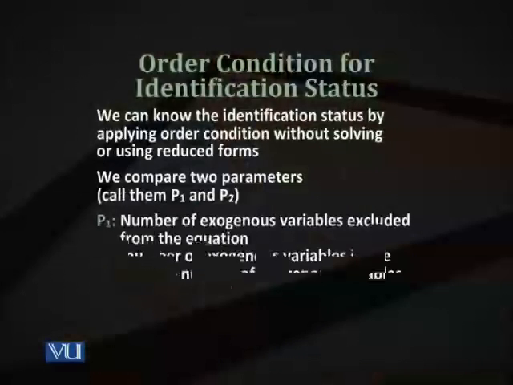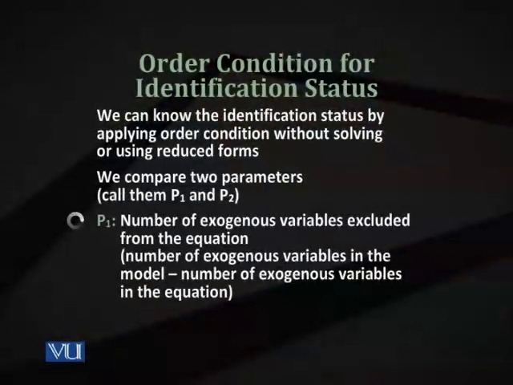So we have two parameters, P1 and P2. If P1 is less than P2, the equation would be unidentified. If P1 is found to be equal to P2, the equation would be exactly identified. If P1 is greater than P2, the equation will be over-identified. So let's see what this P1 and P2 are.